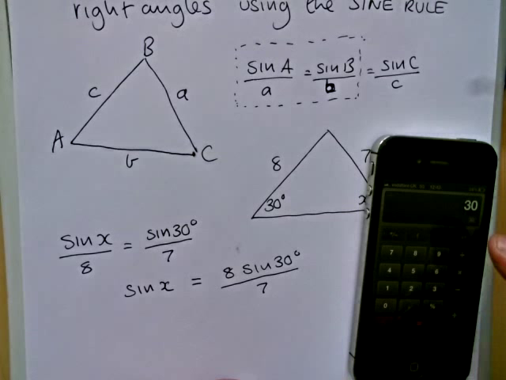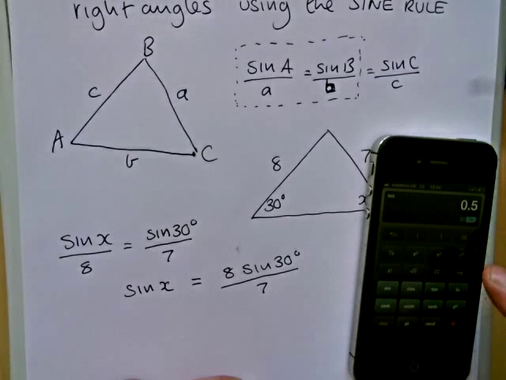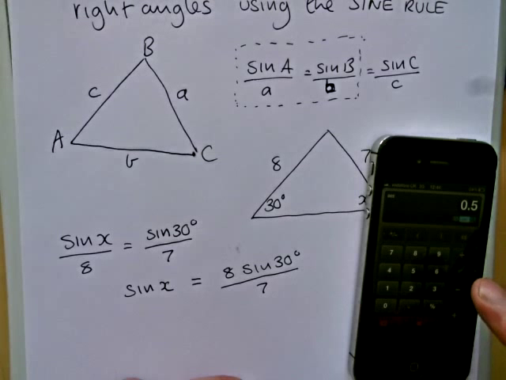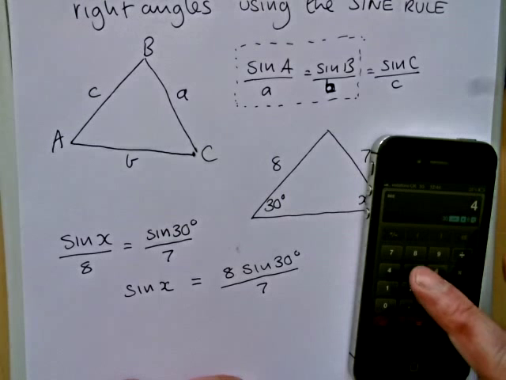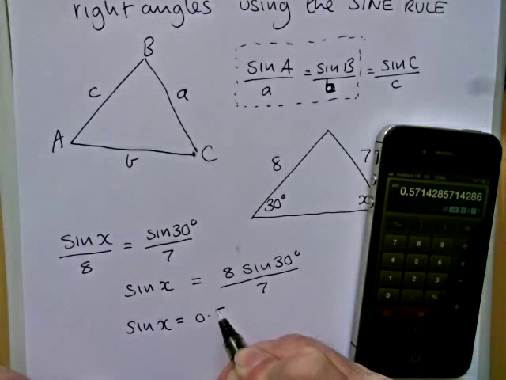Okay, actually we have to do that the other way around on this calculator, so go back. And we'll go 30 and then sine, times 8, and then divided by 7. So we get sine x equals 0.5714.